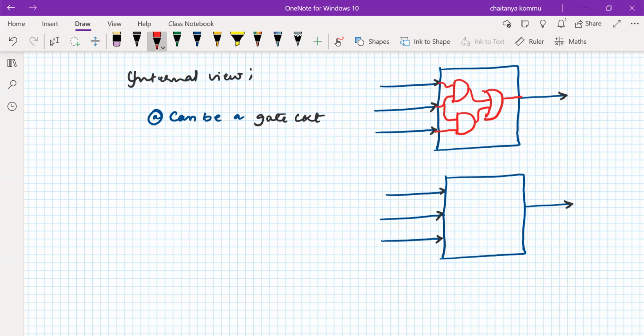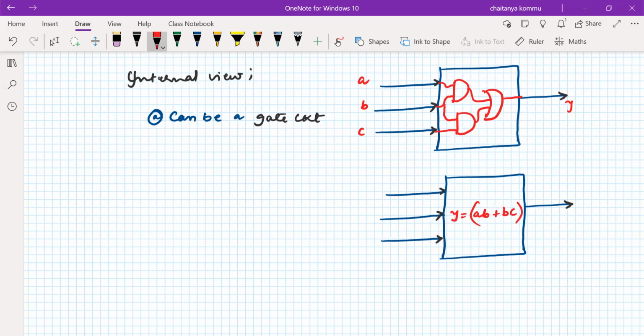For example, Y I'm writing here. Y is equal to, for example, ab plus bc, something like this. They can write it. So the internal view can be visualized with the help of an equation also.